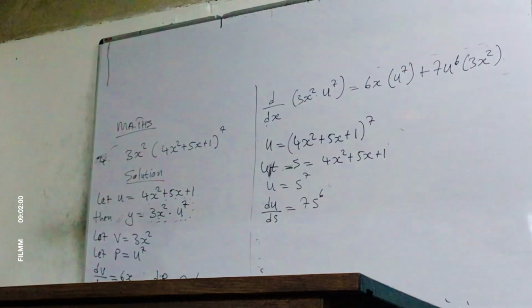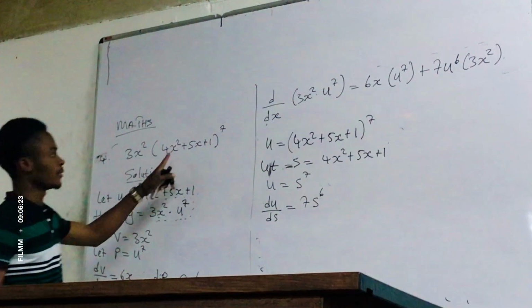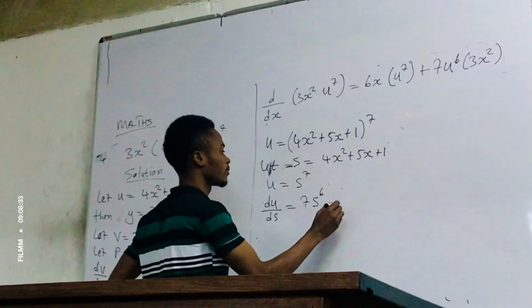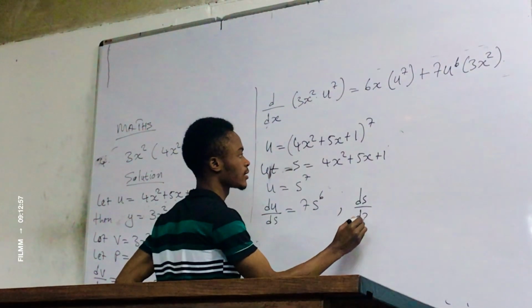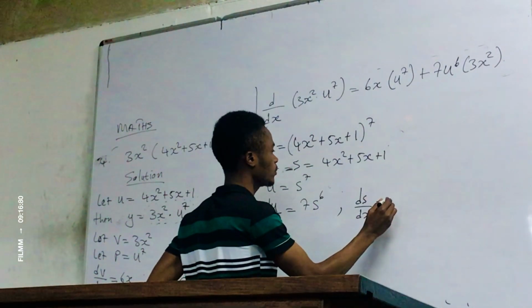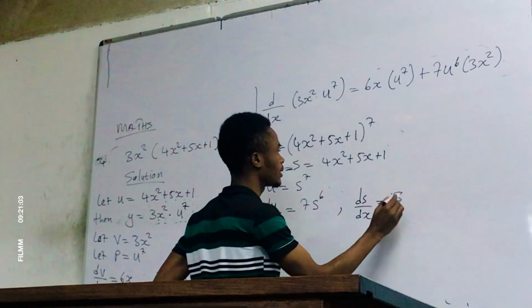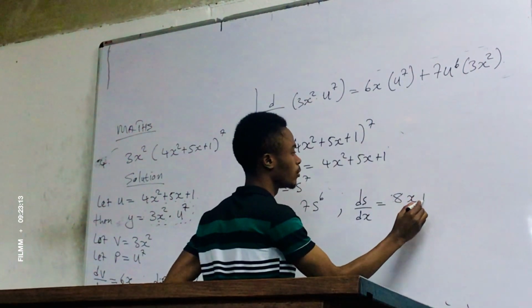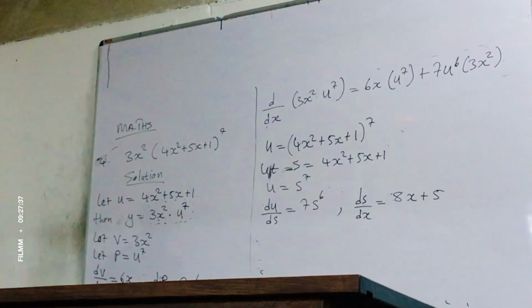And then, if we differentiate ds dx, we are going to have 4 times 2, that's 8x, plus 5.